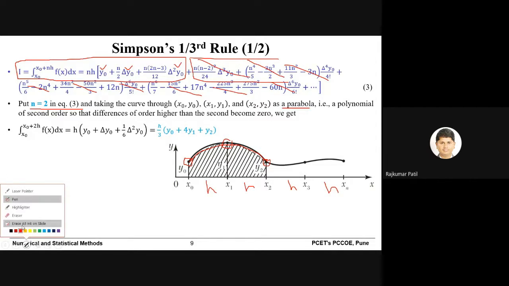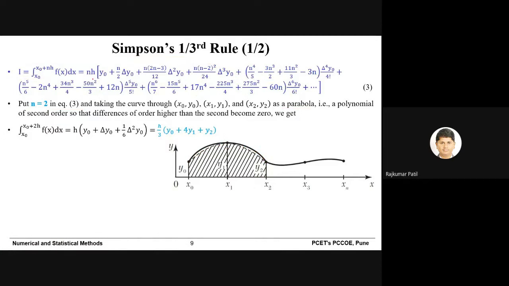And upon simplification, you can see you will get 2h, here I put h but it is actually 2h, into bracket y naught plus del y naught, because n is 2, so 2 by 2 becomes 1, so the term is del y naught.